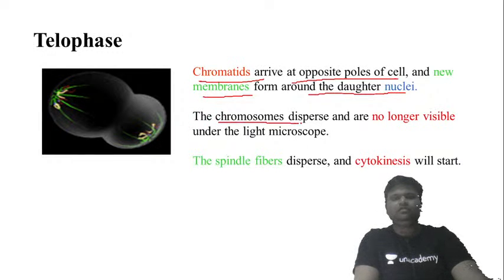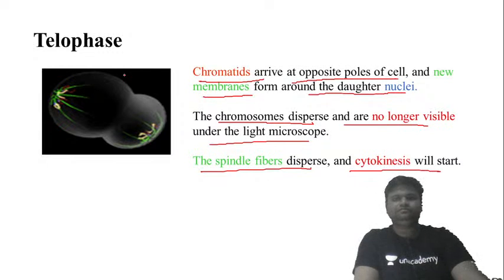The chromosomes disperse and are no longer visible under the light microscope, and the spindle fibers disperse and cytokinesis will start.